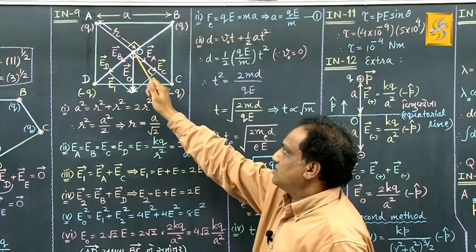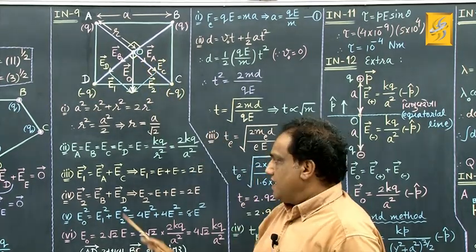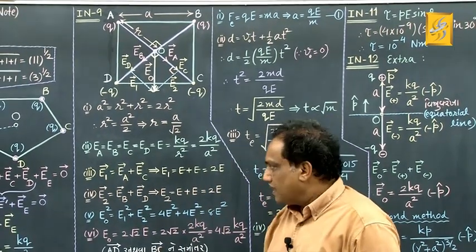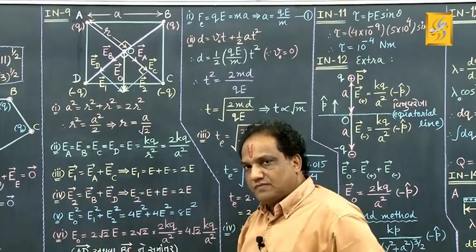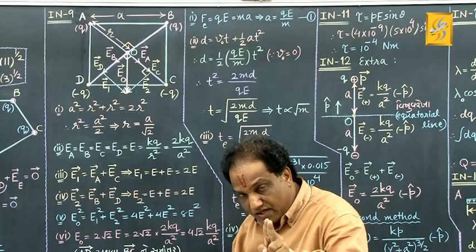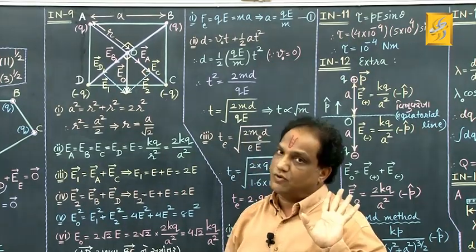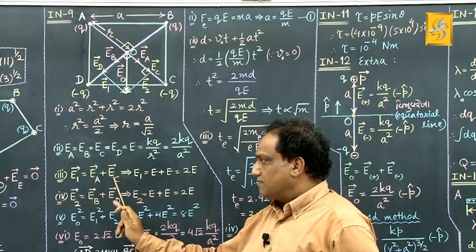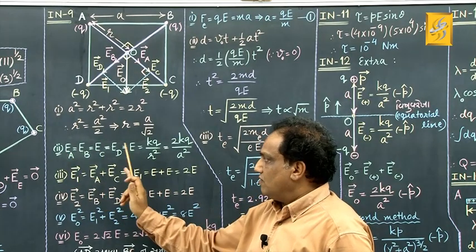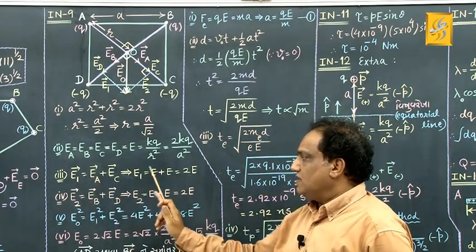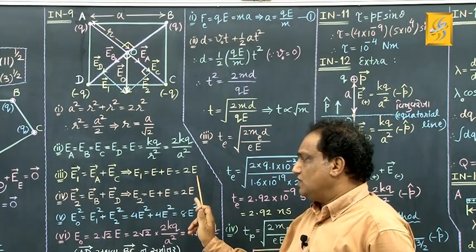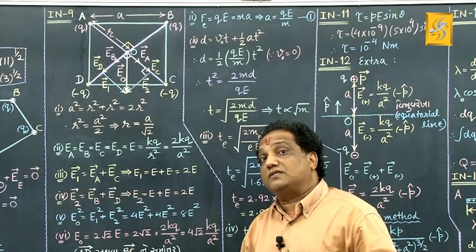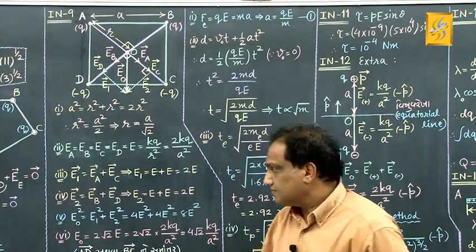Now these two vectors are in the same direction, and their resultant electric field I just show by the symbol vector E1. Because these two are in the same direction, whenever vectors are in the same direction, you can add them like scalars. So the magnitude of E1 is the magnitude of this plus the magnitude of this. EA equals EC equals E, so E plus E, that is 2E. Why are you making the scalar addition of their magnitudes? Because these vectors are in the same direction.